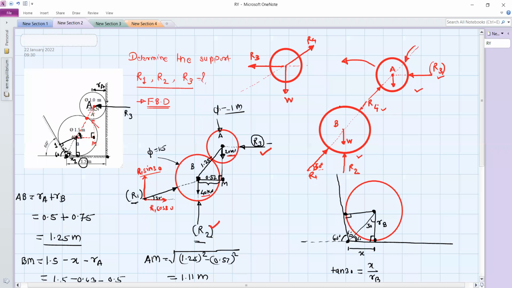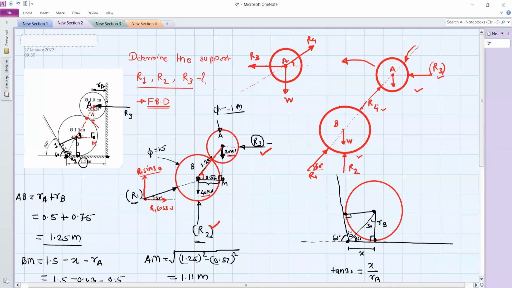Okay. And now here you can see there are three forces at the single point, which is the point A. So we can use Lami's theorem. Just we have to find out the angle. Okay. So how we can find out this angle? So for the reaction R4, we need to find out this angle, because R4 will act along this line.